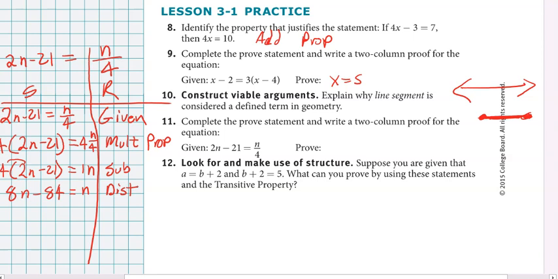Now I can isolate my variable and subtract n from both sides. Whoops. Did one too many steps there. So that subtracted n from both sides. That was the subtraction property of equality.